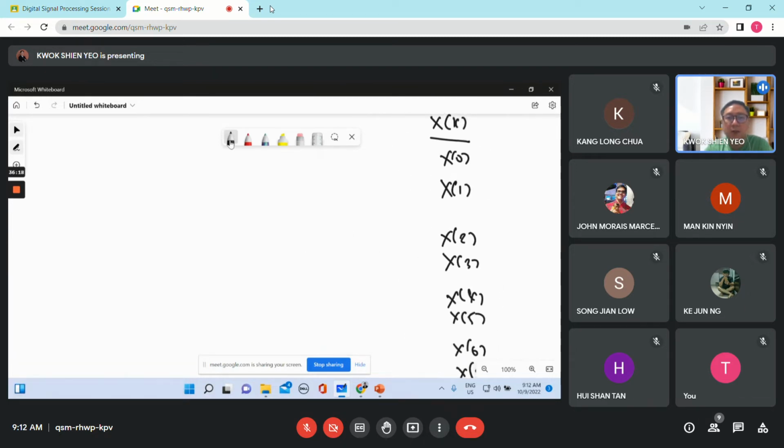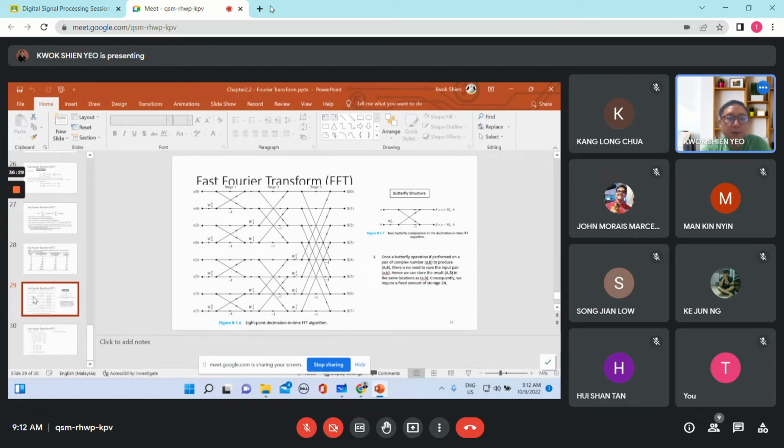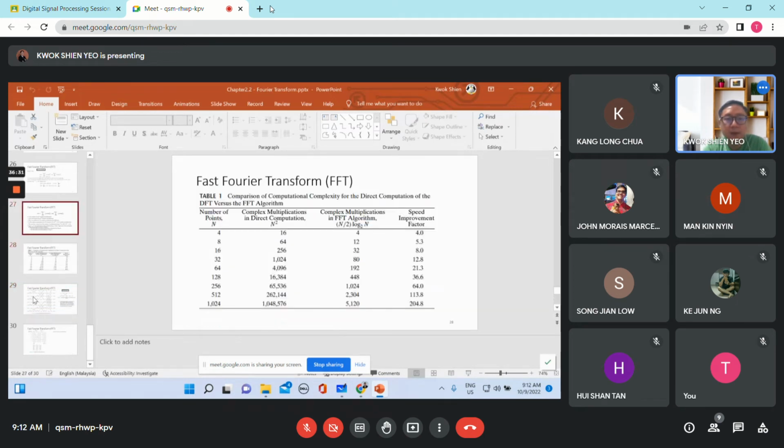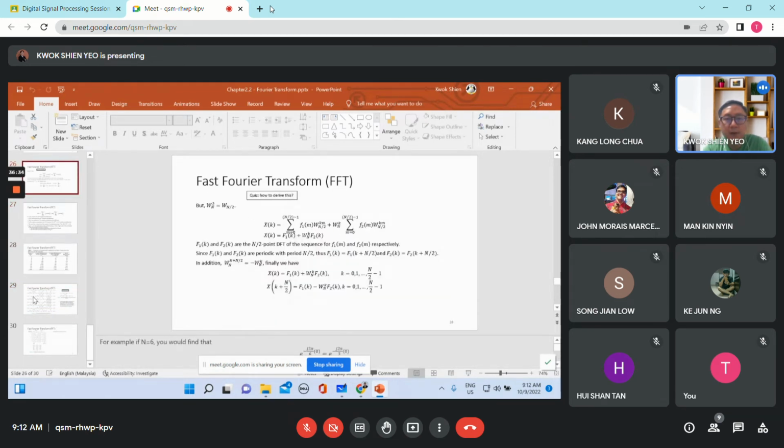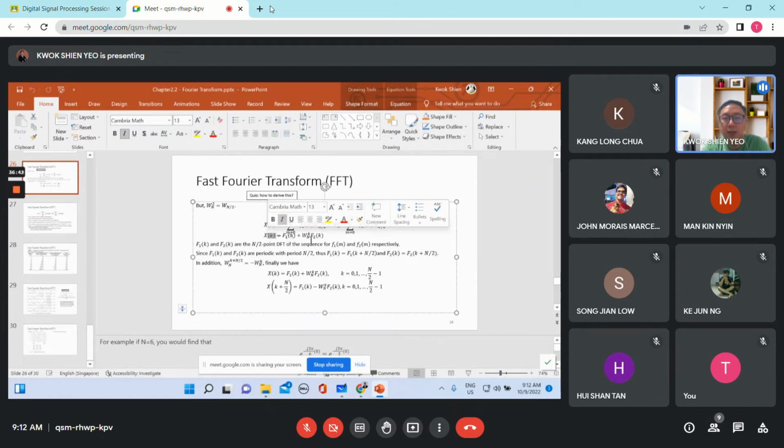According to these equations, Xk can be broken down into F1k and F2k with a multiplication of W_N^k.